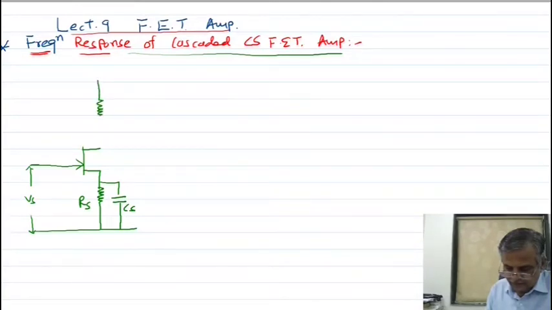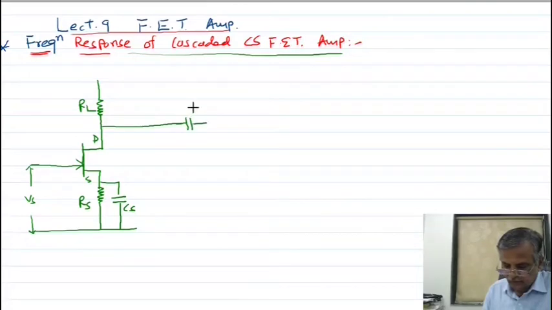Here it is your load resistor RL. This is your gate, this is your drain, this is a source. From this you are taking the output, and this output you are giving to the input of the second stage.